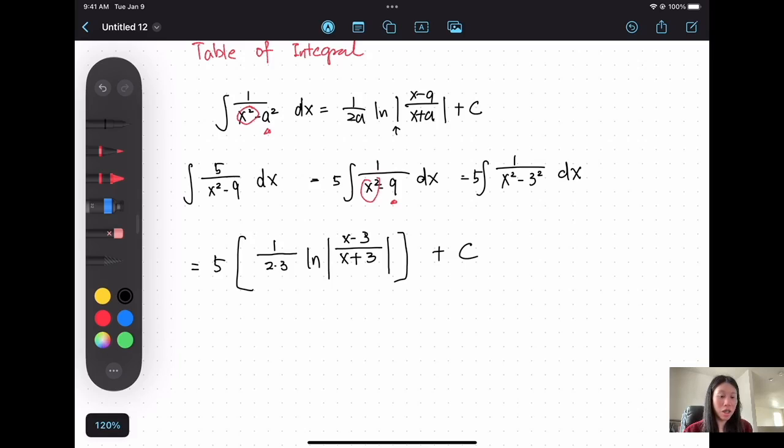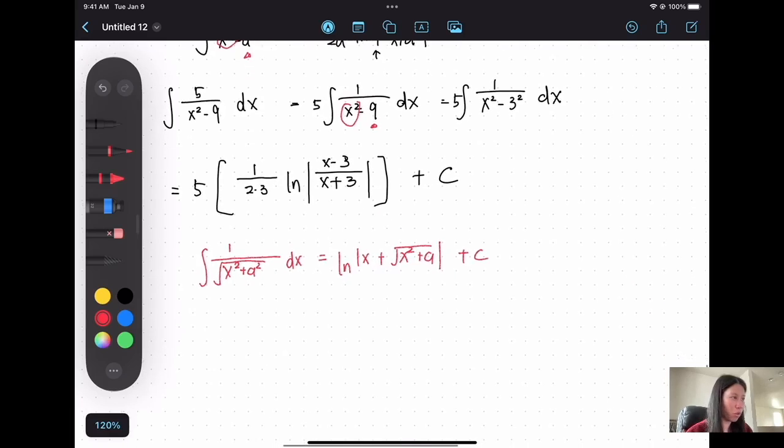Here is another formula from the table of integrals, which is 1 over the square root of x squared plus a squared, dx. This is going to equal ln absolute value of x plus the square root of x squared plus a squared, plus c.